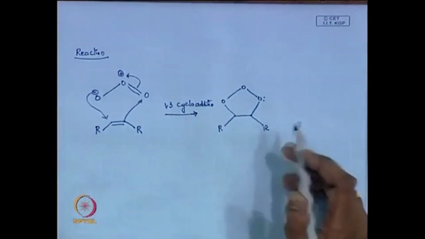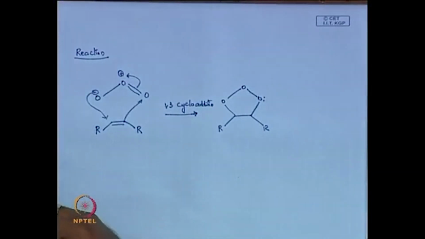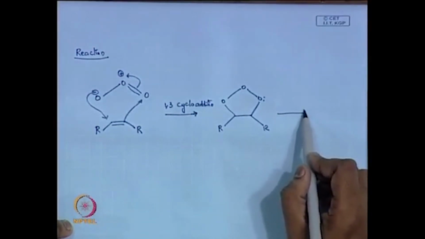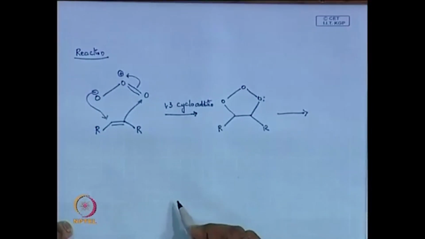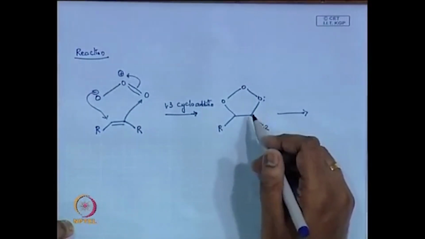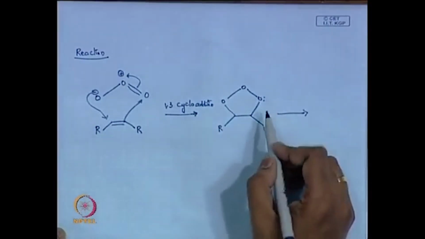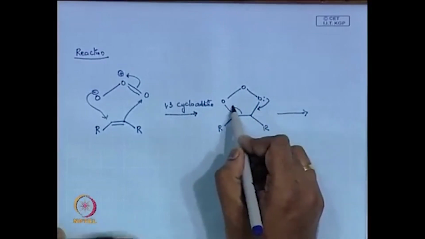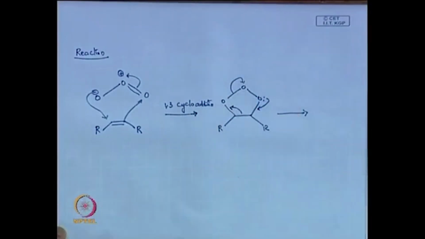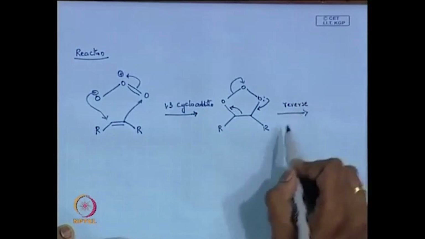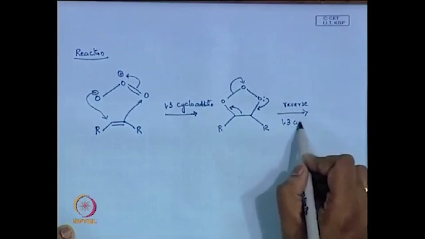Now, what happens? Because this is not the product you get when you react ozone with an alkene, it undergoes something really interesting. What is that? You have studied that. It undergoes a reverse 1,3 cycloaddition.